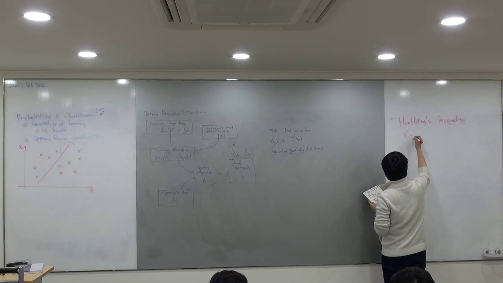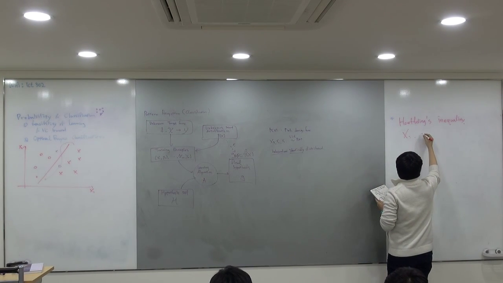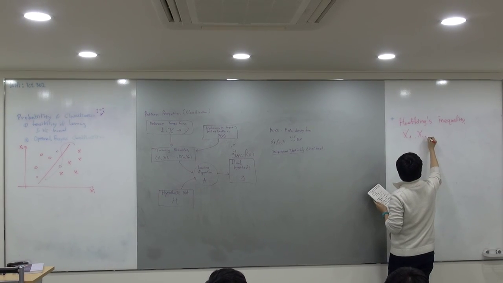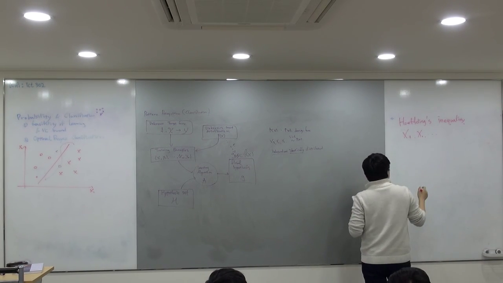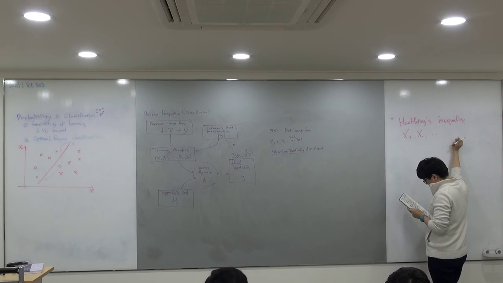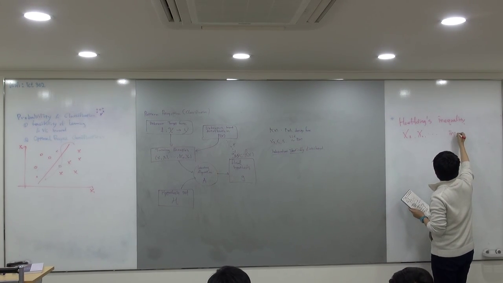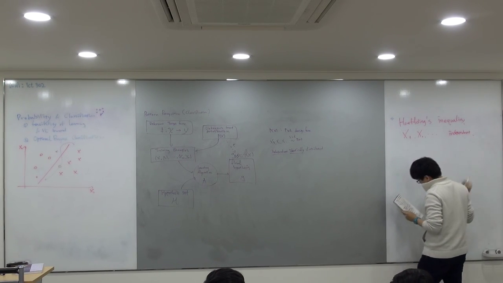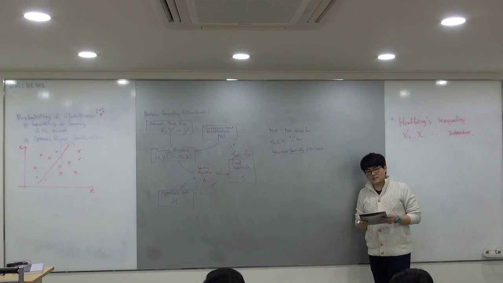You have multiple random variables which are independent of each other, but not necessarily identical.